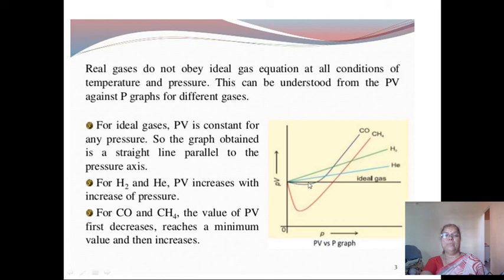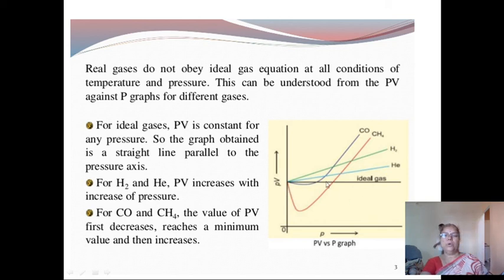Instead of getting a straight line as we have obtained in the case of ideal gas, where the PV values are constant at constant temperature, whether we increase the pressure, these values remain constant.